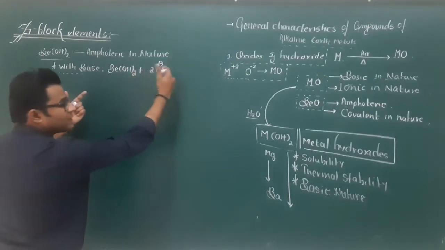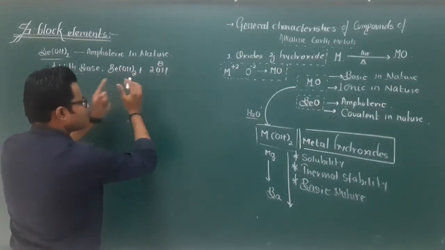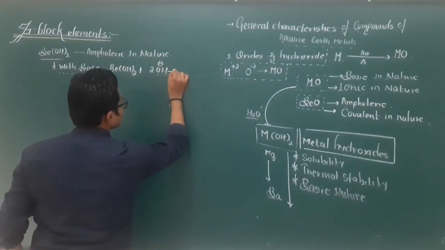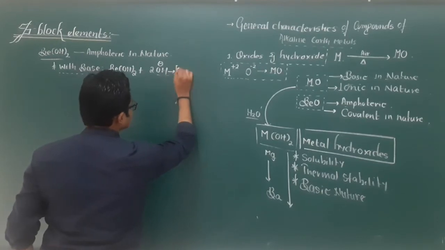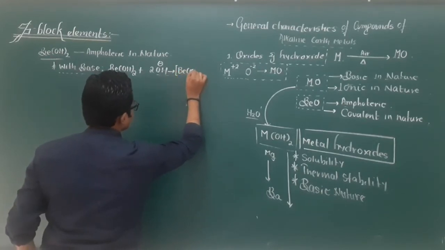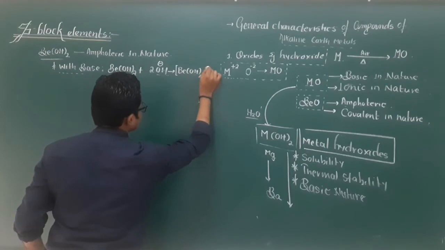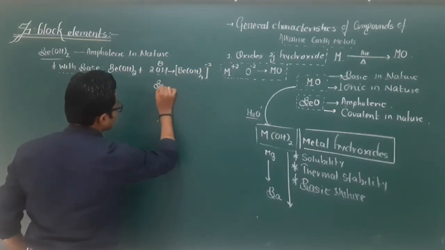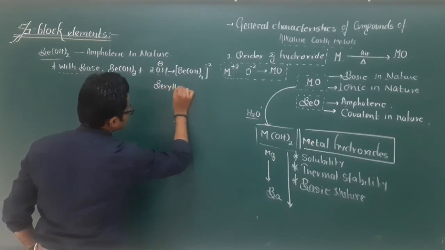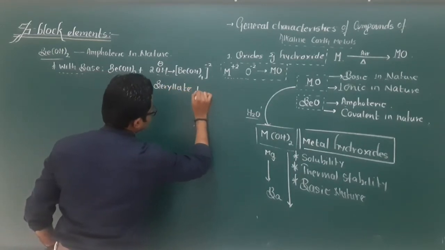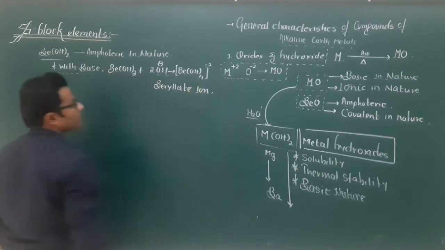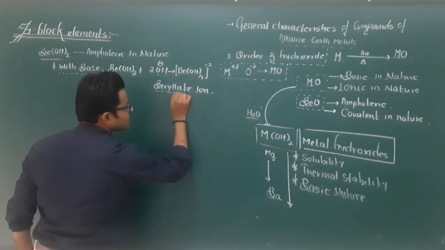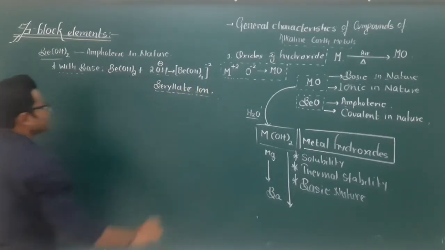So I am not taking the other counterpart of this. We react these, and what we observe is we get Be(OH)4 2 minus. This is called the beryllate ion.